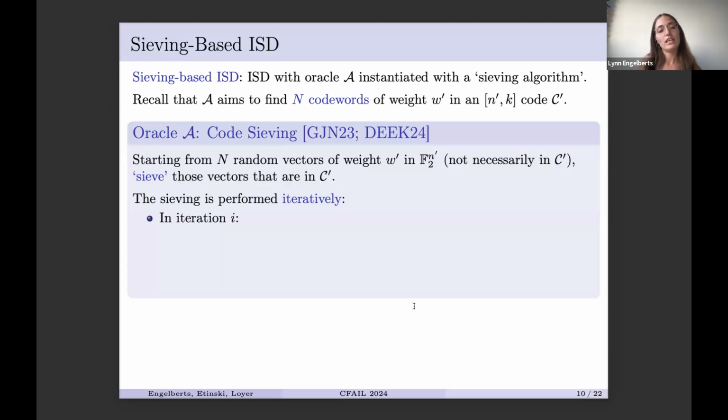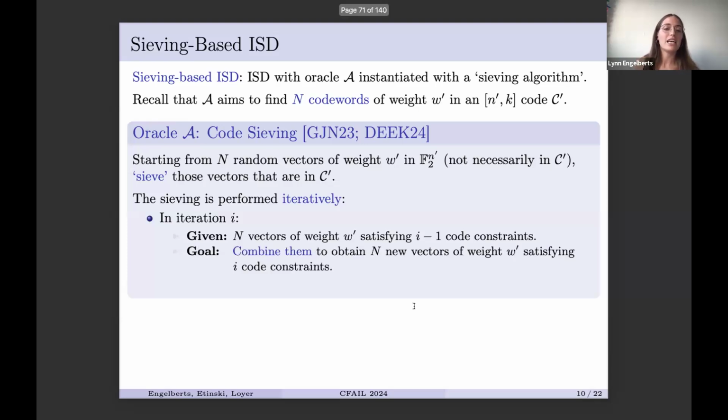So in iteration I, we start with capital N vectors of weight W prime that satisfy I minus 1 code constraints. And then the goal is to combine them to obtain capital N new vectors of weight W prime that satisfy I code constraints. And here I should emphasize that one approach we could do is that instead of combining, we just keep our initial vectors and we only keep those that satisfy also the ith code constraint.